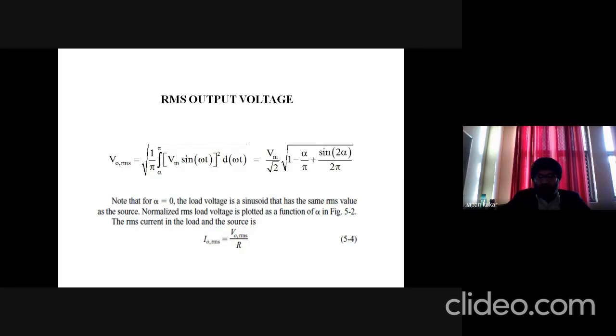As per the plots or the waveforms, this is the normalized voltage and the normalized current at the load. If we have a resistive load, the current is the RMS voltage calculated divided by the resistive load.